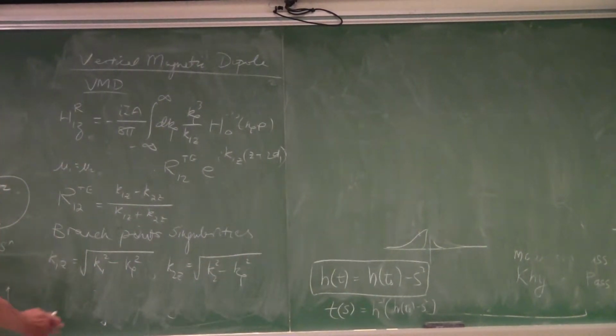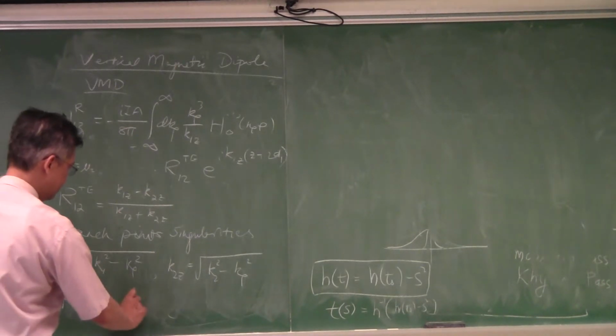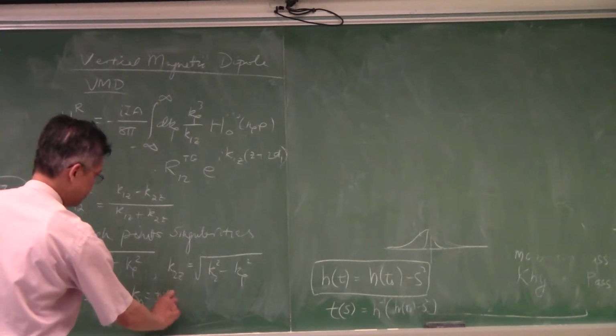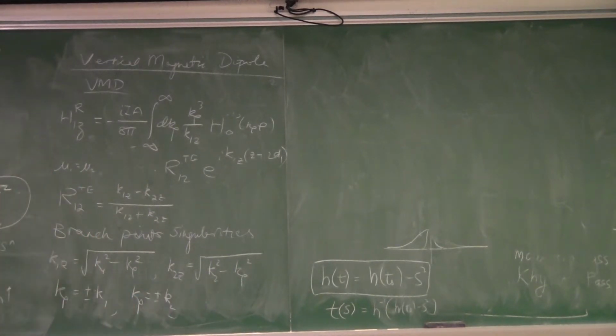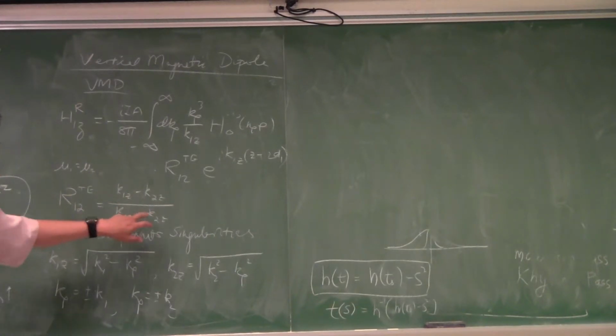So there are branch point singularities at k rho equal to plus or minus k1, k rho equal to plus or minus k2. Okay. And I deliberately chose the case so that Brewster angle cannot exist, neither could the pole exist. Okay, so there are no pole singularities for this.